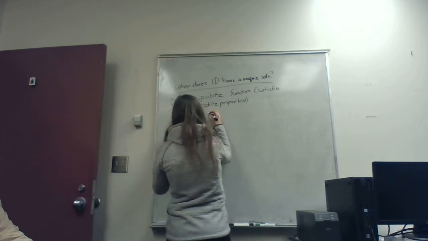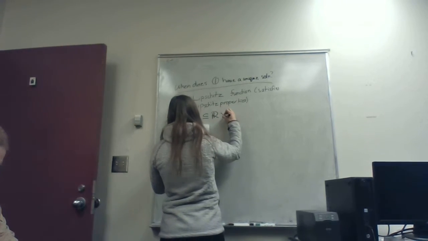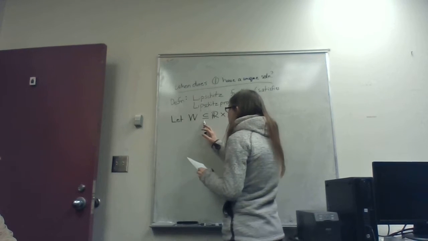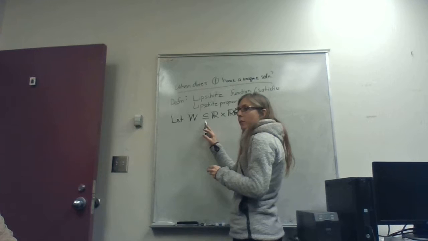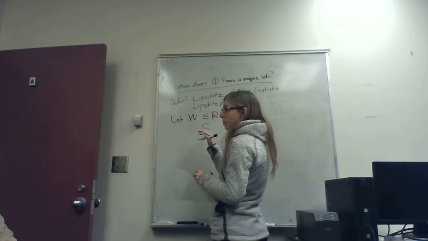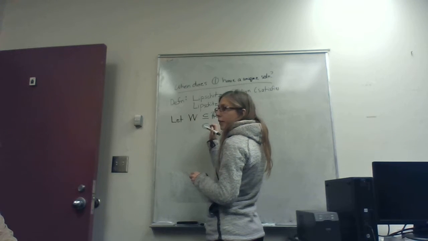Let W be contained in R cross R to the N. This notation means a subset, including the possibility of the whole set, as opposed to when we just use the other one, which means a strict subset. This one means it could be a subset or up to and including the whole set.